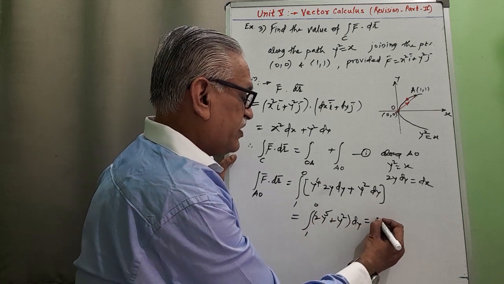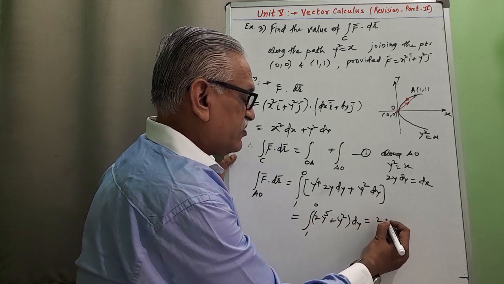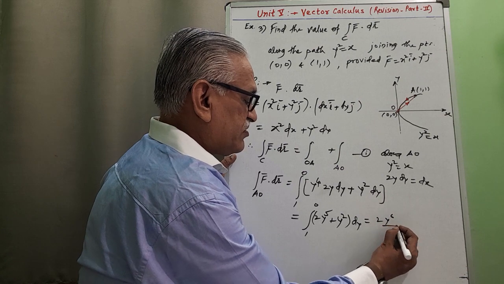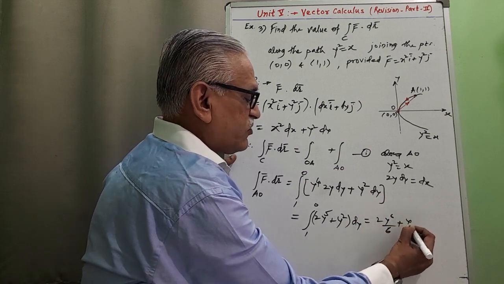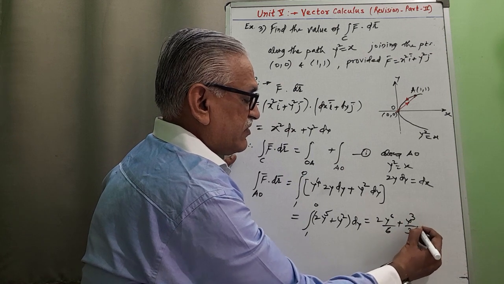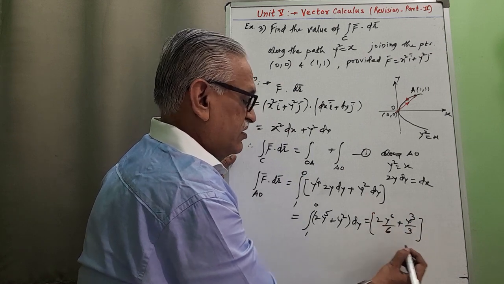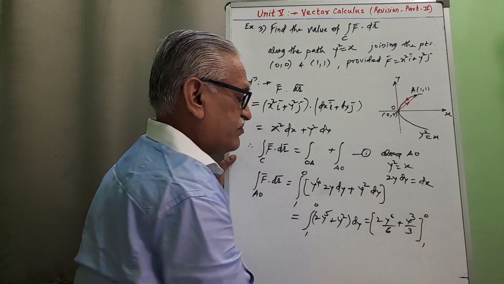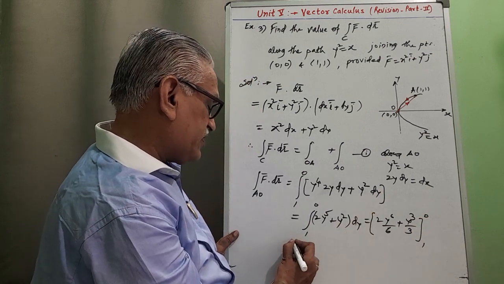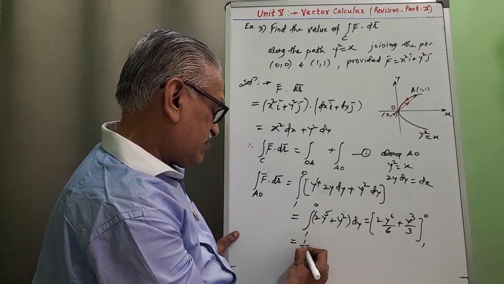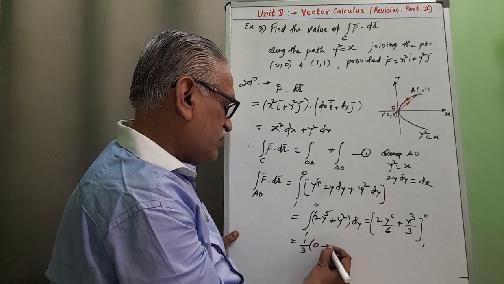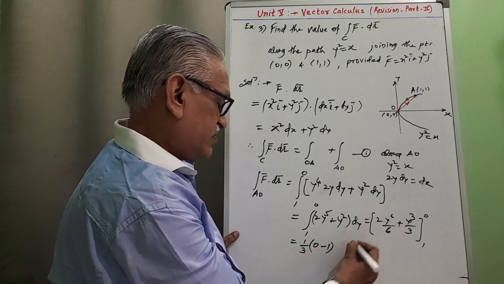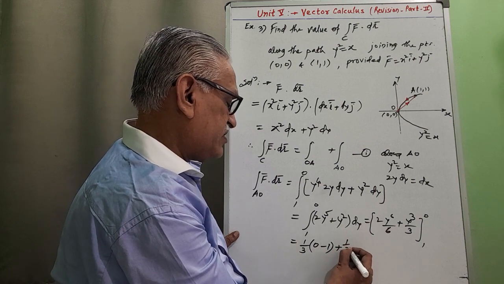Integrating individually, we get 2 times y raised to 6 by 6 plus y cube by 3, with limits from 1 to 0. 2 by 6 means 1 by 3, upper limit minus lower limit, where the upper limit is 0 and the lower limit is 1, and again plus 1 by 3.